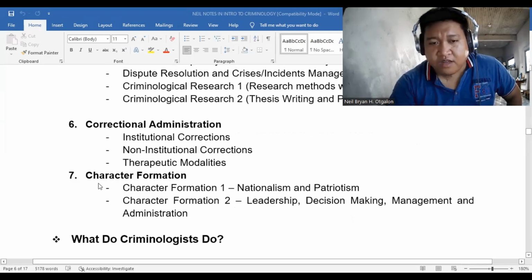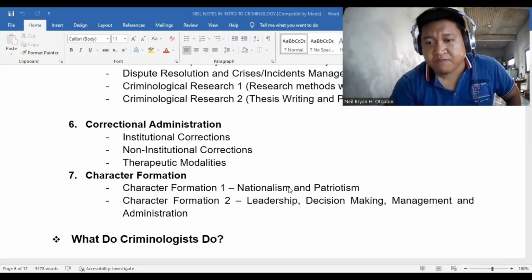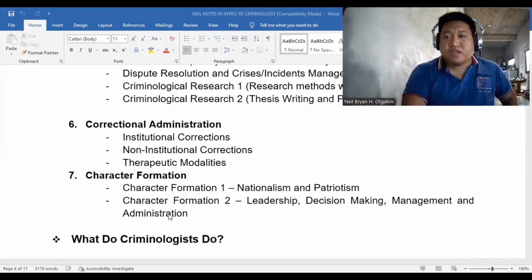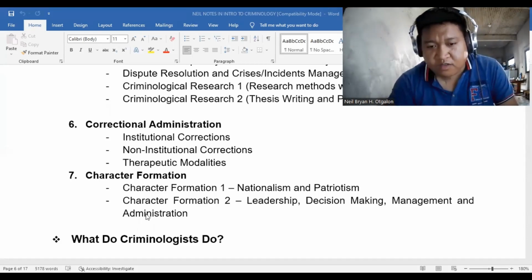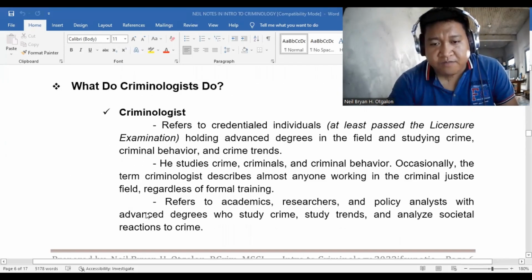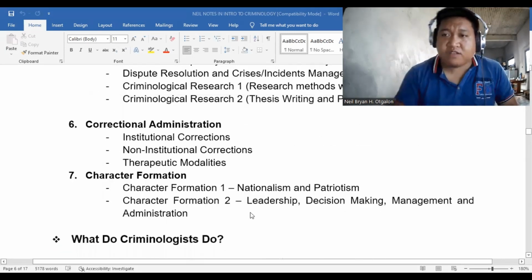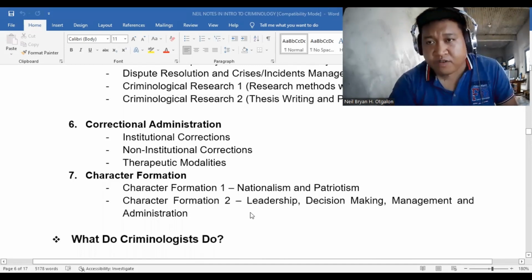Then character formation, there are 2, all about nationalism and patriotism. It is important. Then leadership, decision-making, management, administration in connection to criminology, in connection to criminal justice. Okay? So what do criminologists do? Pakibasa niyo. So for the meantime, this will be the end for the first discussion.